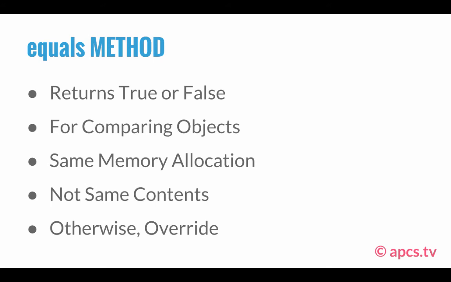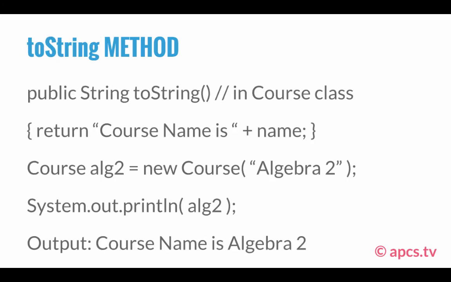If we were to, hypothetically, go back one slide. As you can see, we declare Course Algebra 2 equals new Course("Algebra 2"), and after that, the next line we did Course Geometry equals new Course("Algebra 2"). So everything is the same except the variable name.